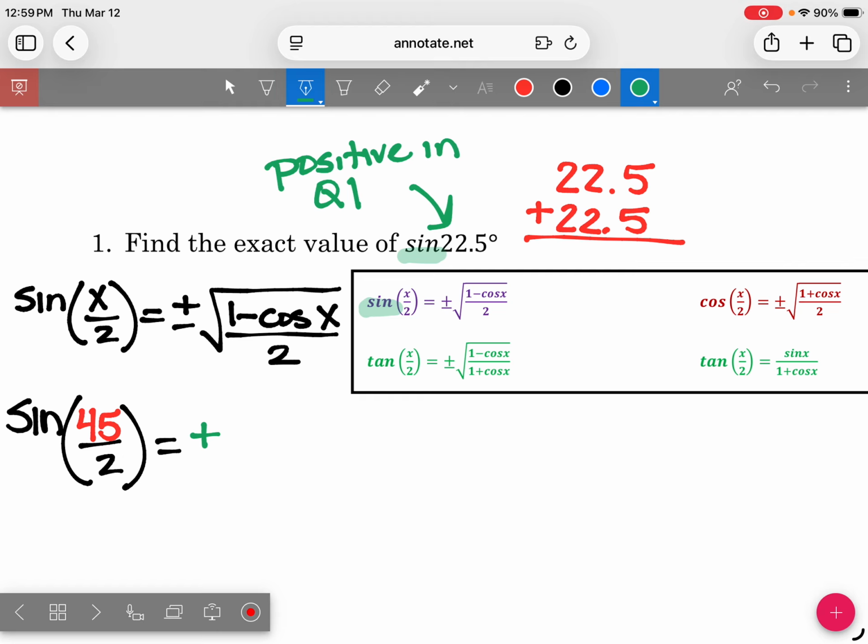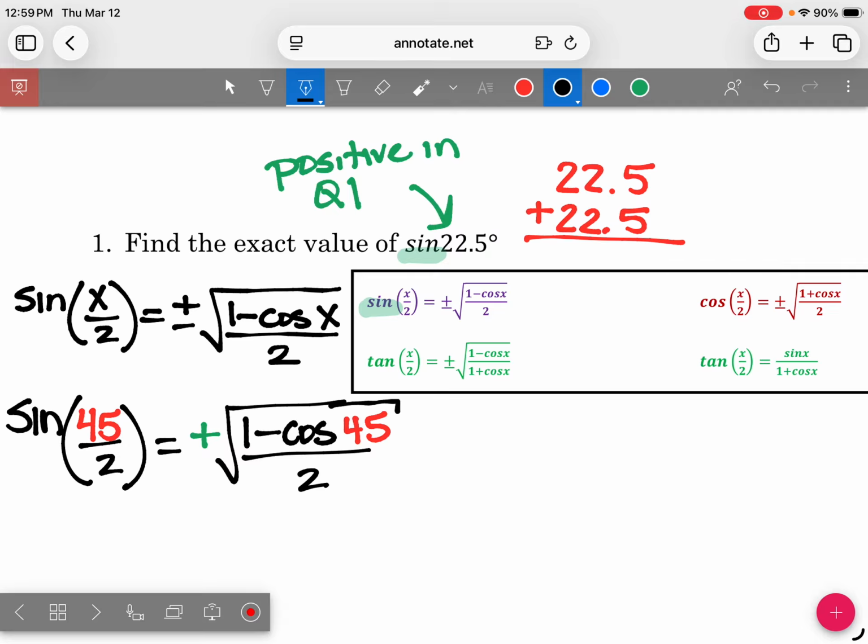Okay, so now I'm going to do my identity, which says take the square root of 1 minus the cosine of 45, because that's the angle we're working with, divided by 2. All right.